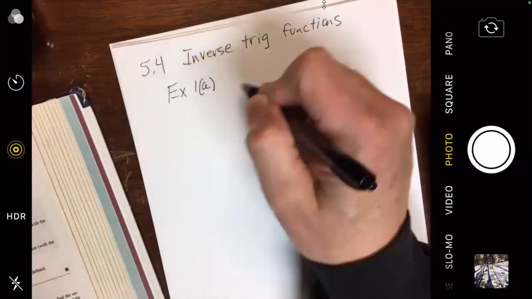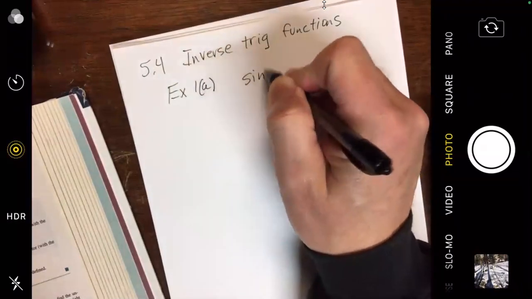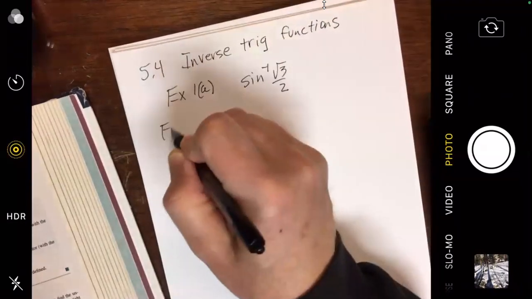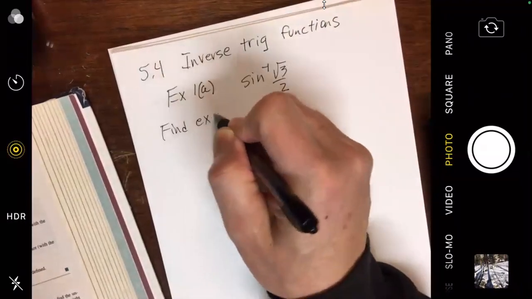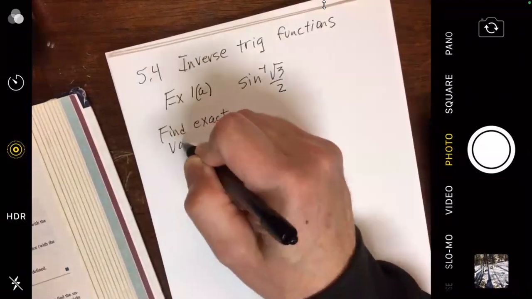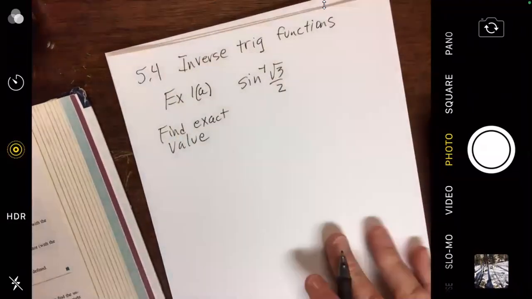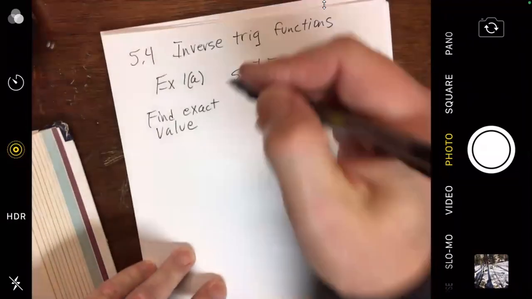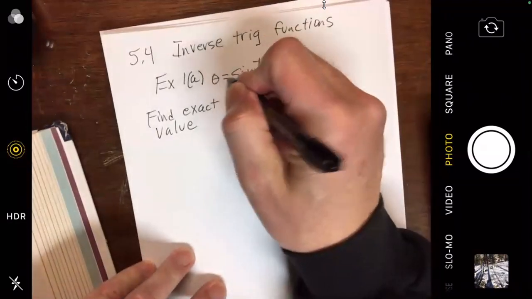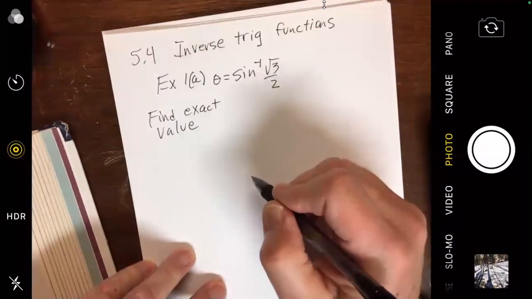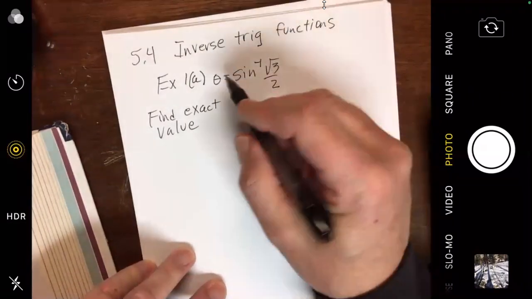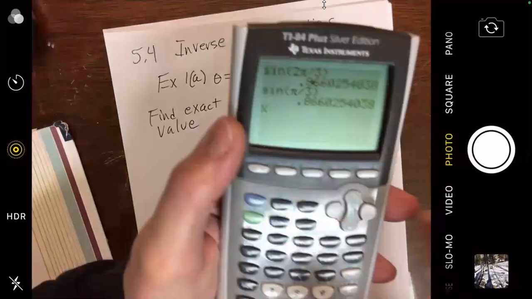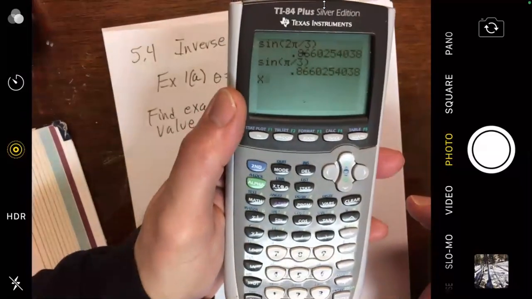I want you to take arc sine of the square root of 3 over 2, find the exact value. Now, what happens is you can call this an angle. And if you do the inverse, we did inverses back in chapter 4.